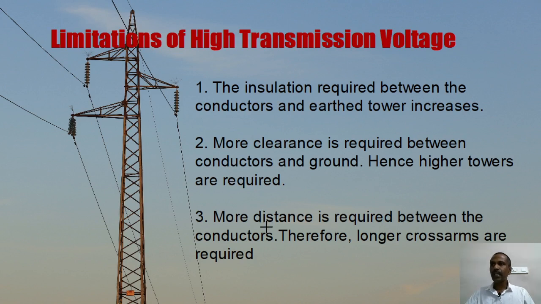There are certain limitations for this high transmission voltage also. As you know, these transmission towers are earthed. At high transmission voltage, the insulation required between these conductors and the earthed tower will increase.